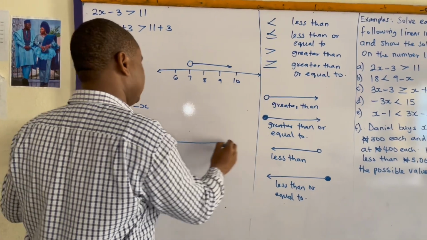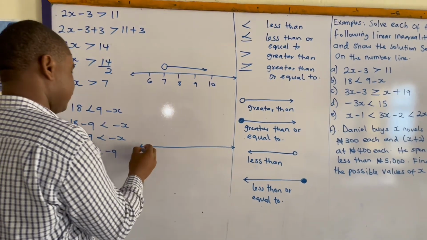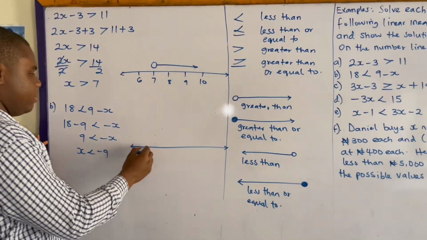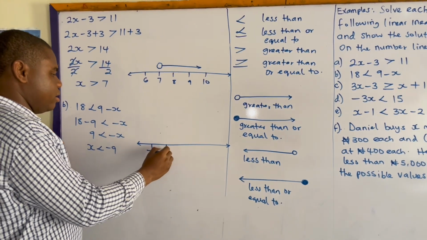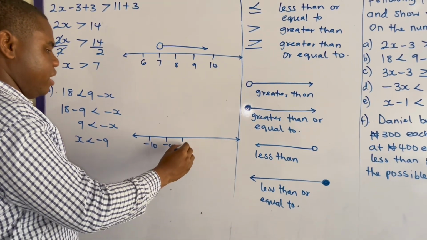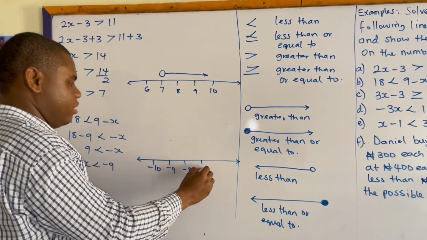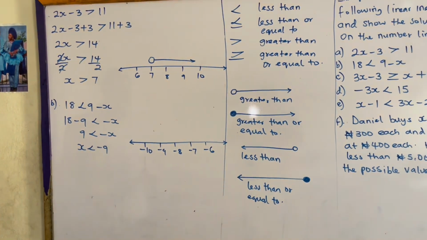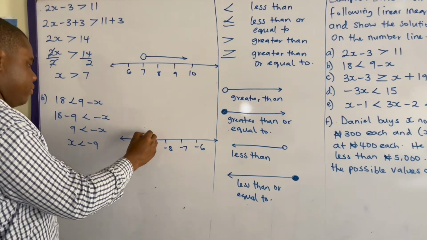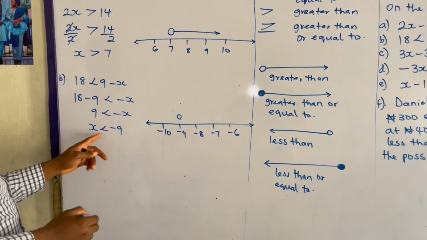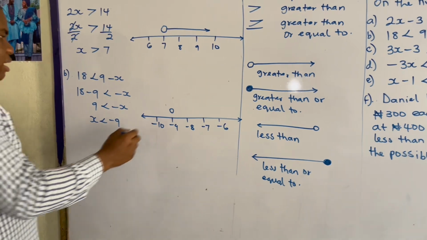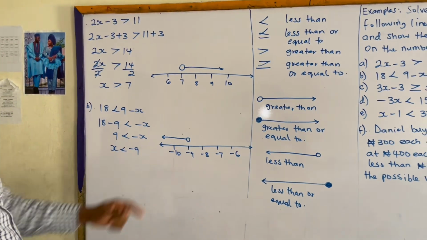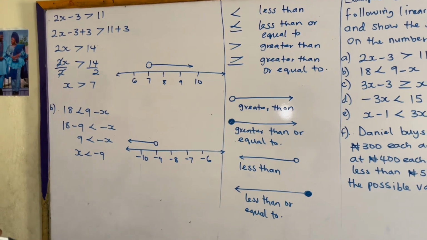To represent it on the number line, since our focus will be on the negative part, we have minus 10, minus 9, minus 8, minus 7, minus 6. You can stop there since our focus is on minus 9. So we have this less than, so it will go to the left hand side. So this is x is less than minus 9.